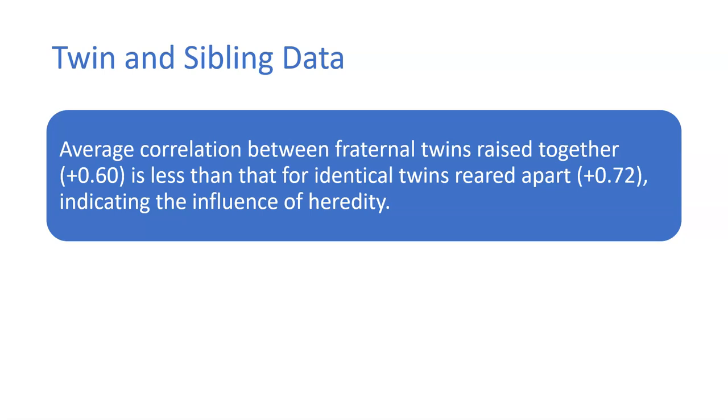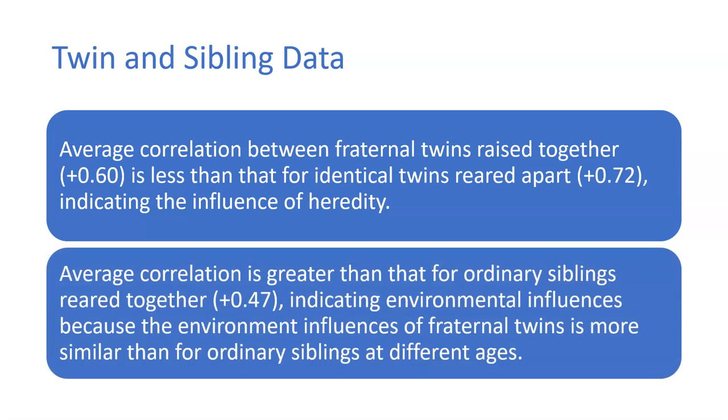So, they're carrying half their genetics in common. Identical twins reared apart is about 0.72. So what that suggests is that the identical nature of the genetics of identical twins boosts the degree of similarity between the twins. When they're fraternal twins and they're in the same environment, you have some genetic overlap that then again is boosted by that shared environment. So it includes the influence of heredity and the environment.